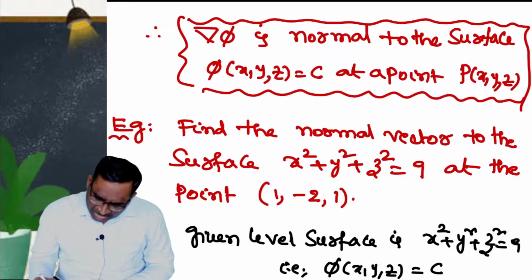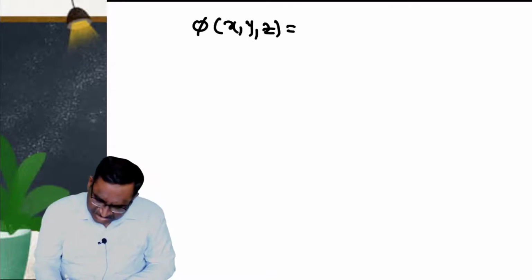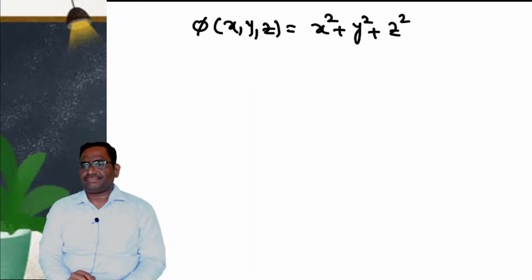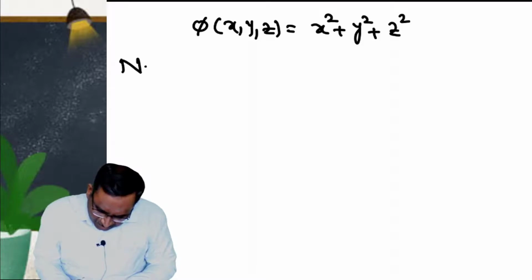By comparing with the given surface, it becomes phi of x, y, z is equal to x square plus y square plus z square. Now I want the normal vector.